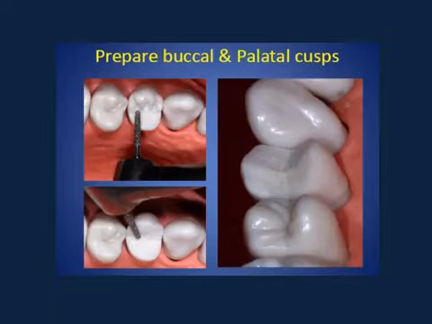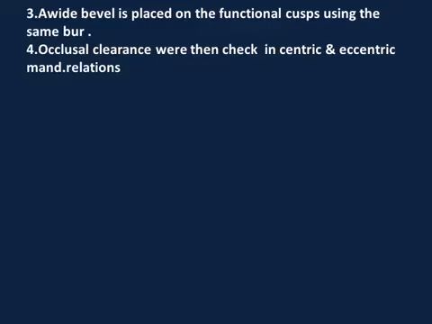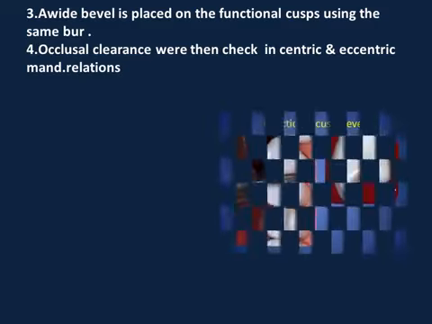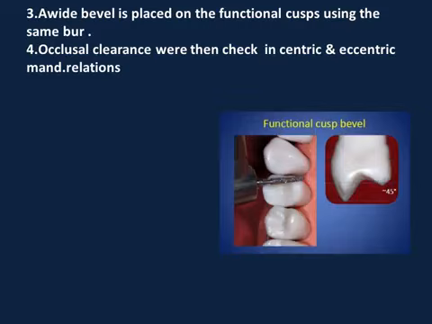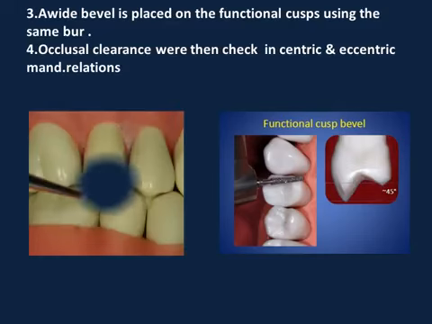After that, we prepare the buccal and palatal cusps following the inclination of the tooth until the depth orientation grooves disappear. Then we place a wide bevel on the functional cusp using the same bur. Finally, the occlusal clearance should be checked in centric and eccentric, as you see in this picture.